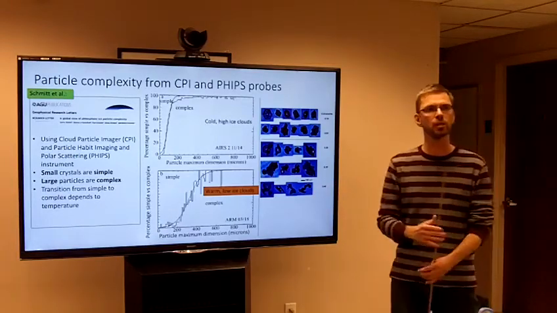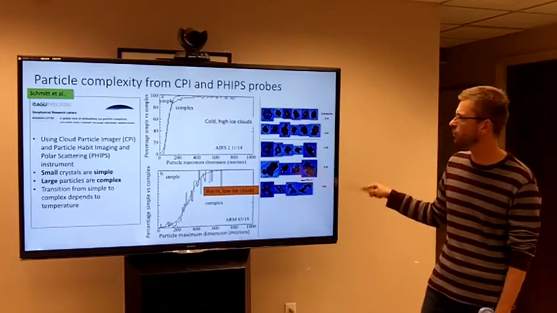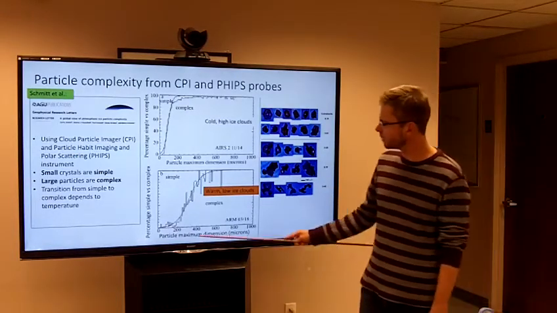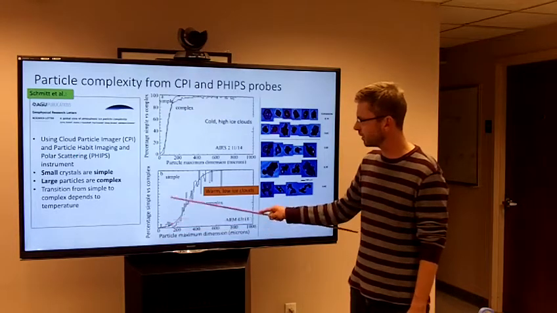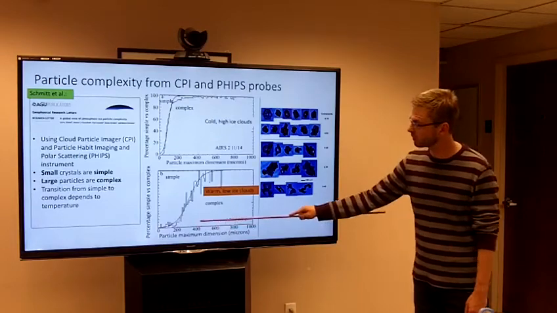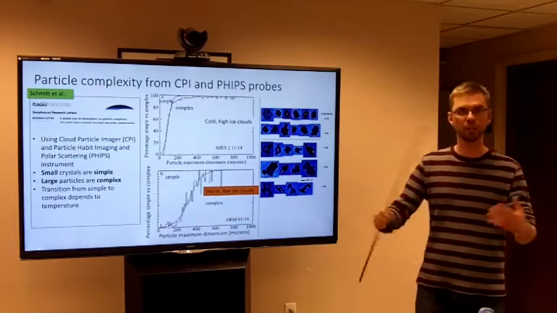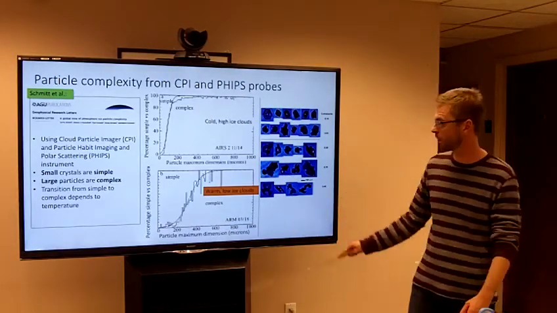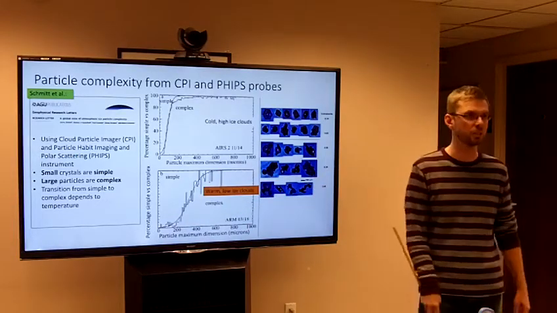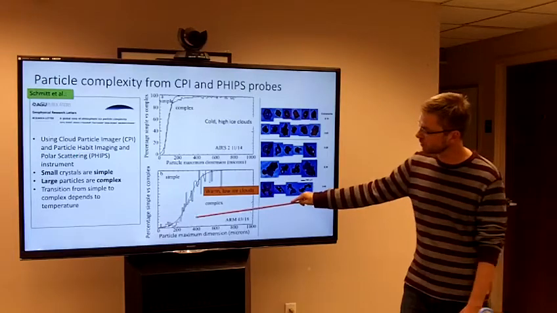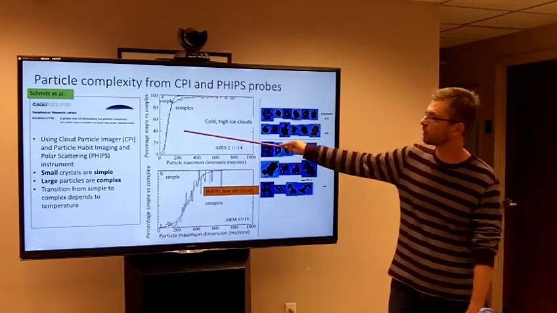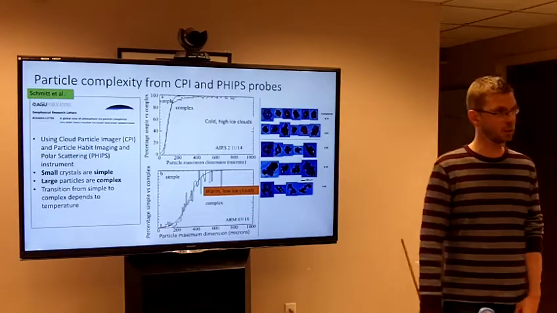So they deduce a complexity parameter from these measurements. And then what they see is that the smaller particles are mostly simple, and as the particles become larger, you get into more complex crystals. And there's this transition, and this transition happens at larger particles at warm temperatures compared to colder temperatures.